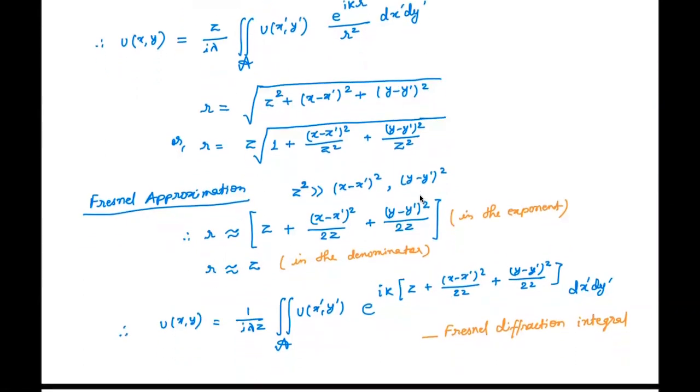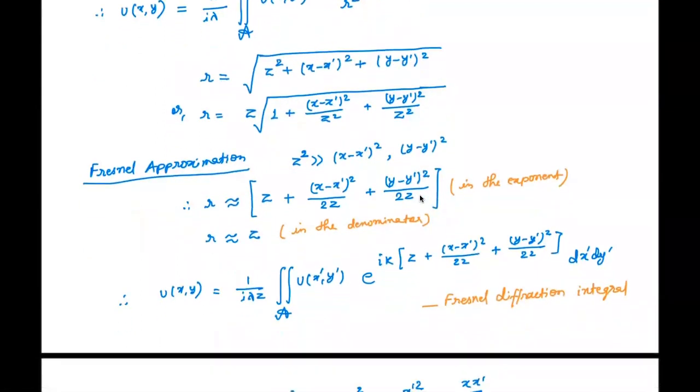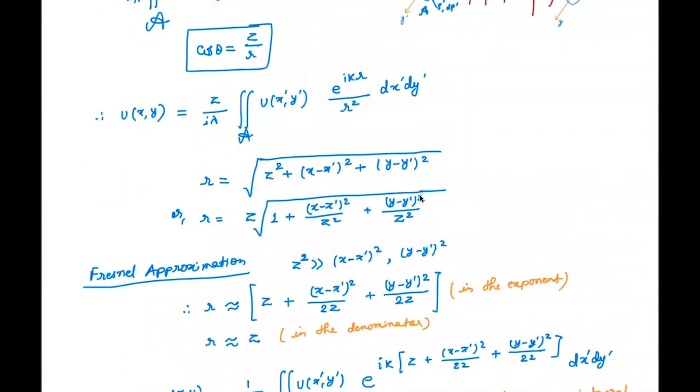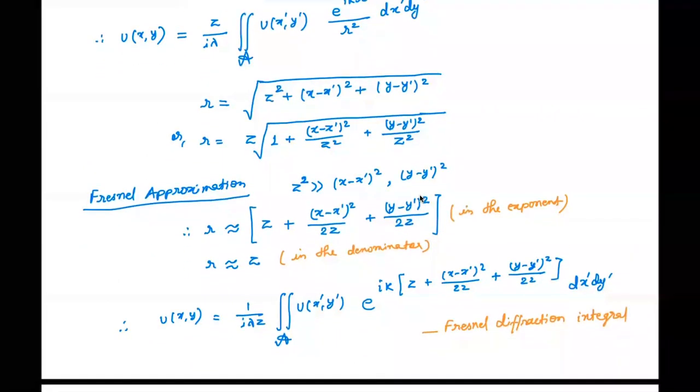With these approximations, we can write our field u(x,y) as 1 over i lambda z, which is just directly coming. Where is that coming from? z remains z, and R squared we say becomes z squared, so z squared gives me a z.